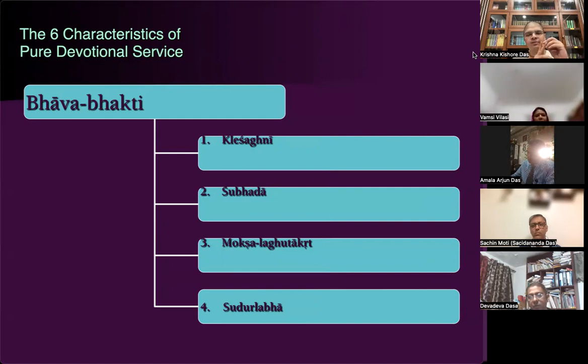Kleshagni, Shubhada, which automatically one gets on the sadhan bhakti platform. And then the next two, that is moksha laguta krit. Even on the level of bhav bhakti, the devotee understands that devotional service is much higher than liberation. And the fourth one is sudurlabha. It's very, very rare. Even reaching the level of bhav bhakti is very rare.